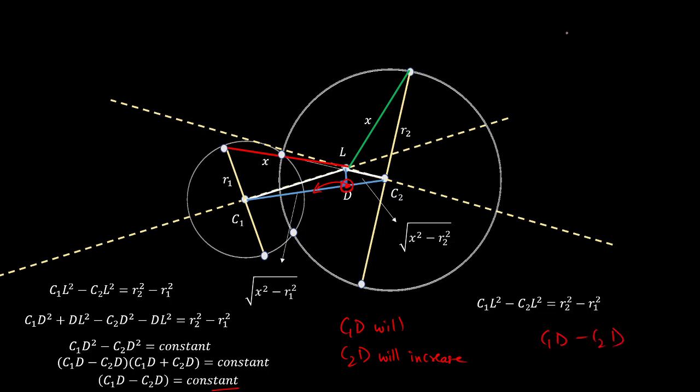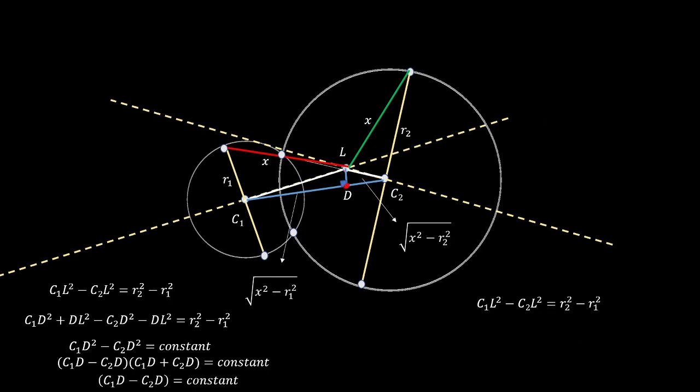For example, you have 10 minus 5, and this term here, 10, decreases to 9, and this term here increases by the same value, let's say 6, then you get a different difference, right? So you can't move the D, and if you can't move the D, what is D here?